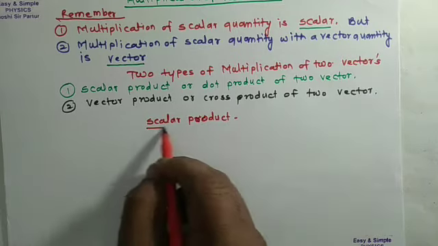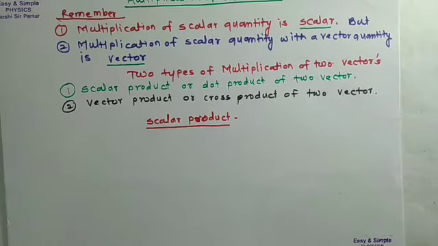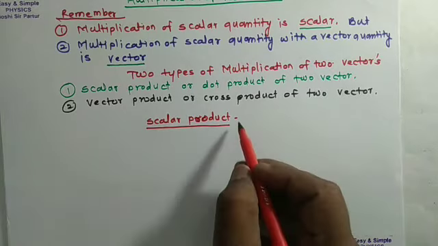First, what is meant by scalar product of two vectors?